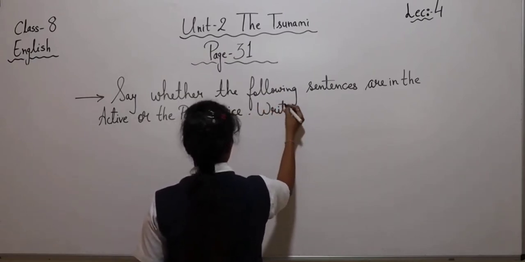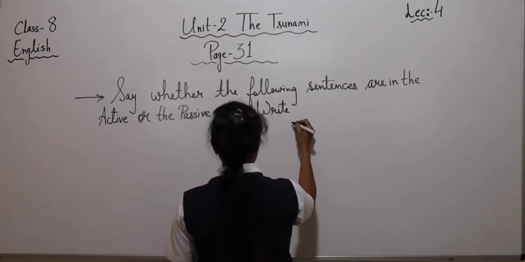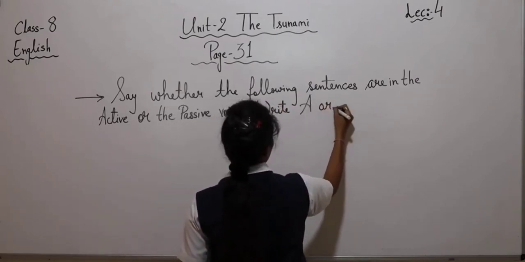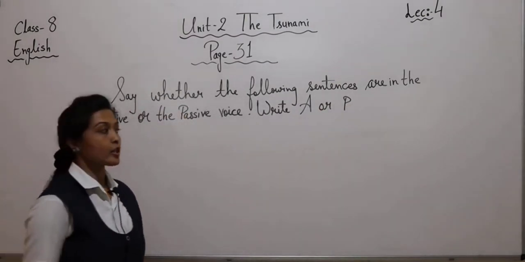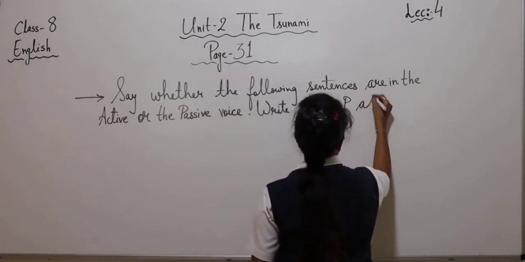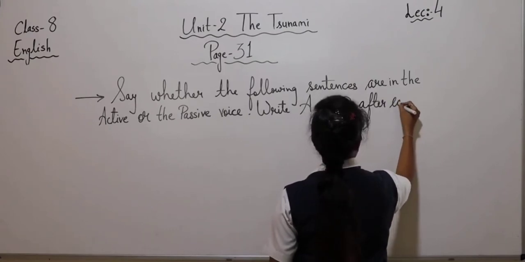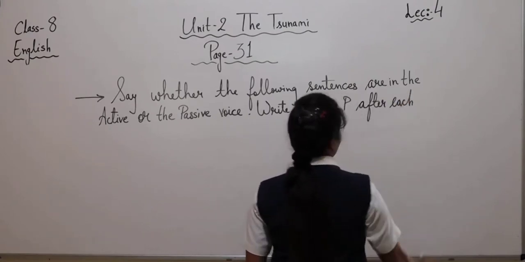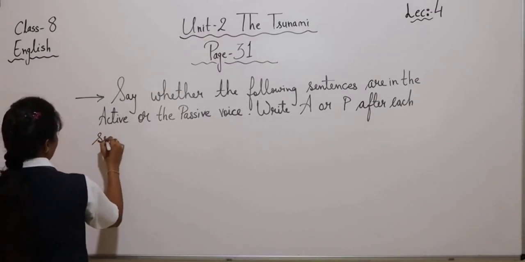Write A or P. A stands for active voice and P stands for passive voice. So we have to write down A or P after each sentence.